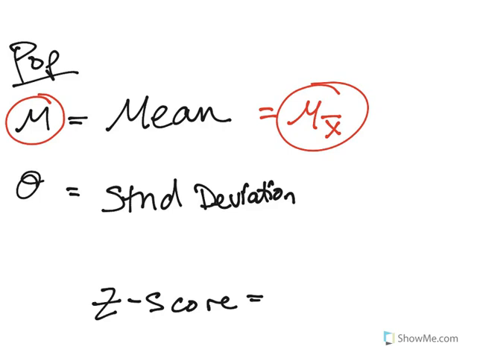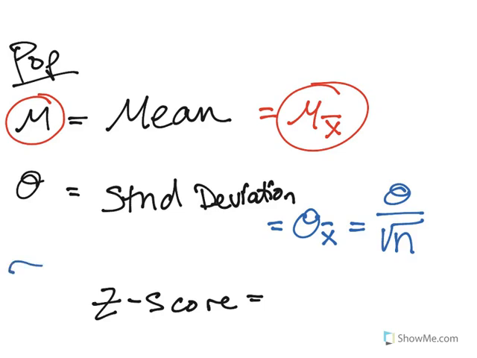Now, the standard deviation of the sample, we sometimes call it the standard error of the mean, and we note that as sigma sub x bar, which is found by taking sigma divided by the square root of n. So a lot of this depends on n, the sample size.